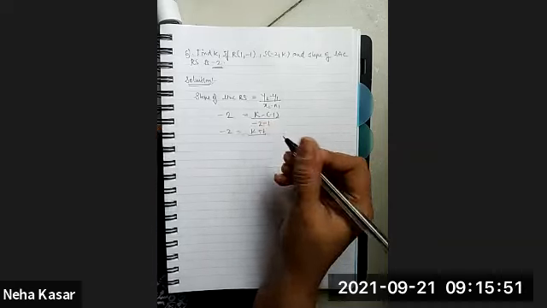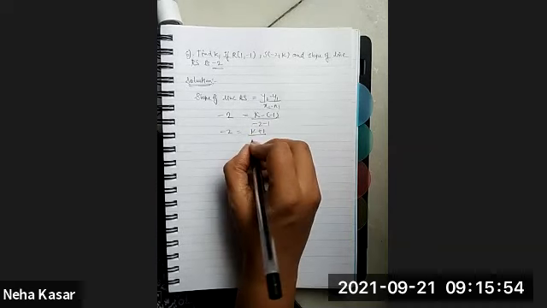So minus and minus will be plus, so k plus 1 and -2 minus 1 is -3.